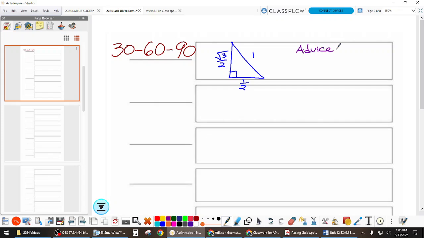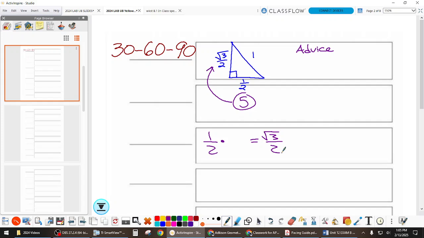For example, how many times bigger is the medium side than the short side? Like if I knew this, don't write this, just think with me. If I knew this side was 5, how would I get to that one? Like, do you see the relationship at all? In other words, what did you do to this to get this?